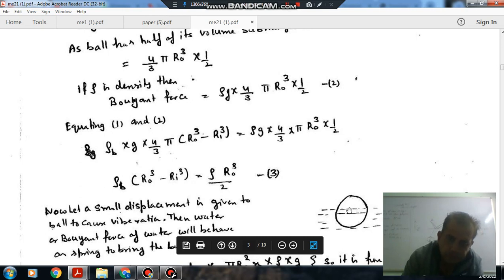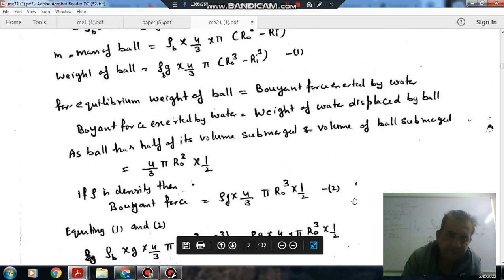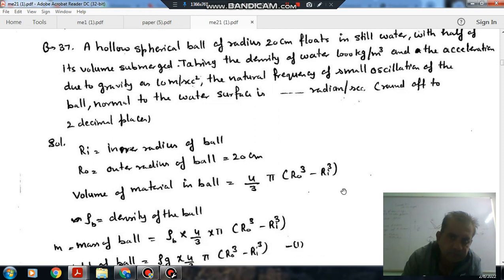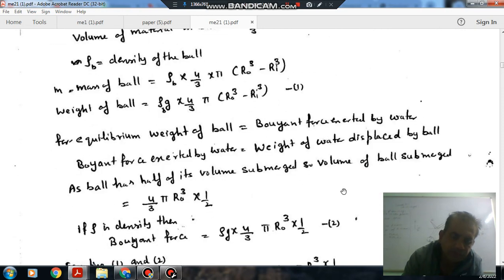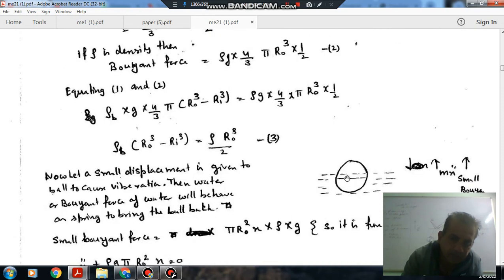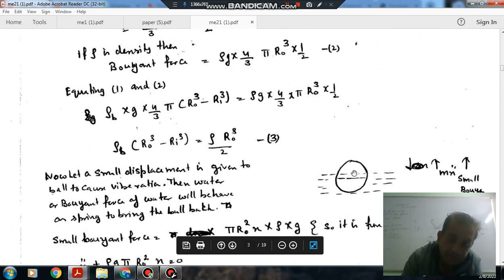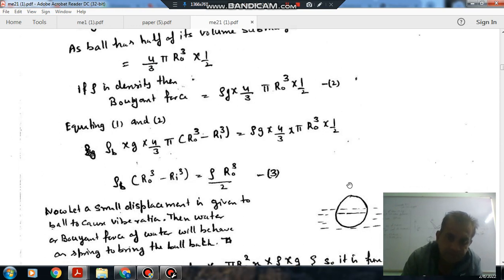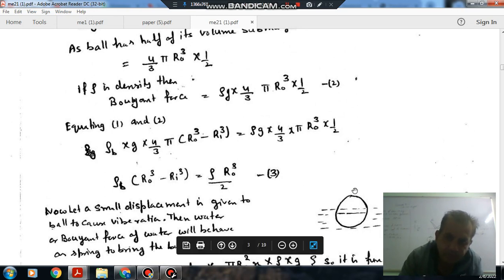As the density of the ball is not given, let us assume that it does not fully submerge in water. So it is partially submerged in water. Then in that condition, the weight of the ball will be equal to the buoyant force.